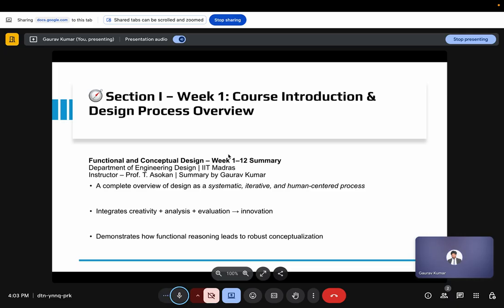The design process works through a repeating loop of analysis, synthesis, evaluation, and tightening fidelity between intent and outcome. Each loop converts ambiguity into clarity. What began as a fuzzy idea becomes a function, then a specification, and finally an embodiment.